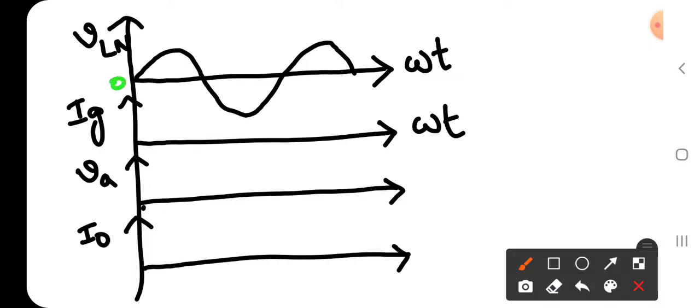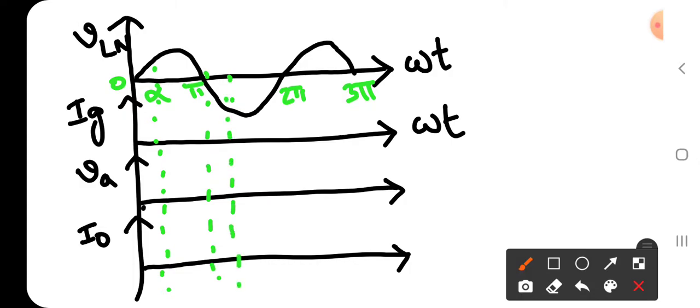So 0, pi, 2 pi, 3 pi. Here let me assume this is alpha, this is pi, and this is pi plus alpha.